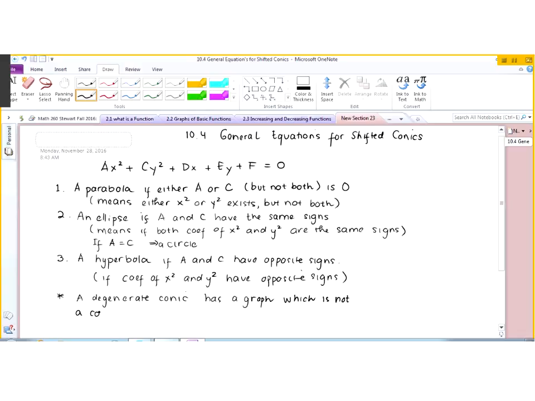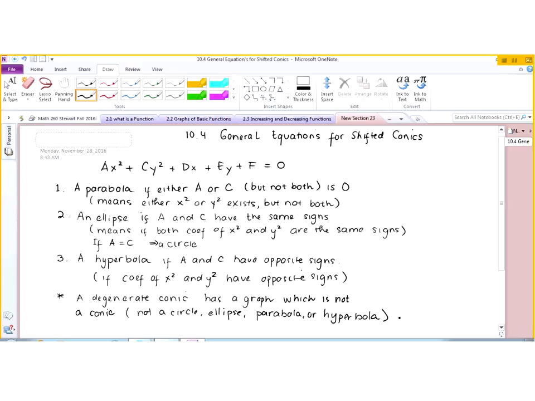So sometimes you can't graph it. It's not a circle, ellipse, parabola, or hyperbola. So sometimes you have an equation that you can't graph. I'm going to give you one example now.